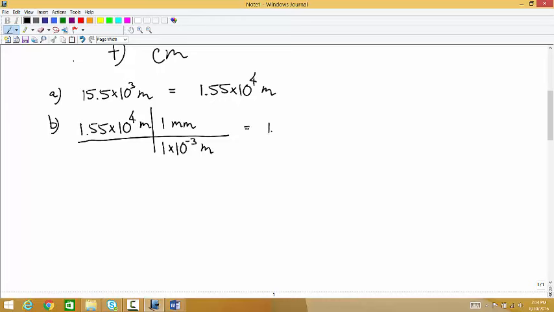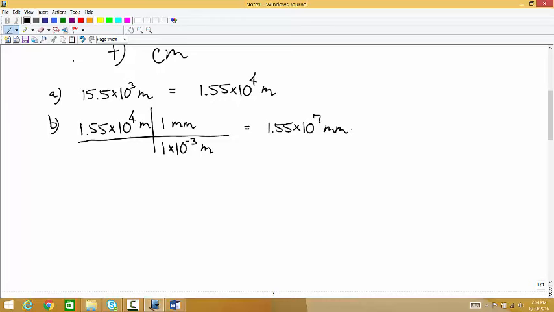And so you get 1.55 times 10 to the seventh millimeters. Anyone have any questions about that one?